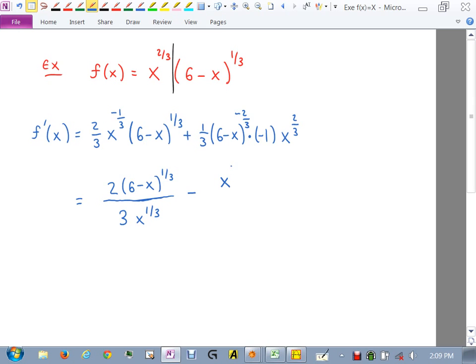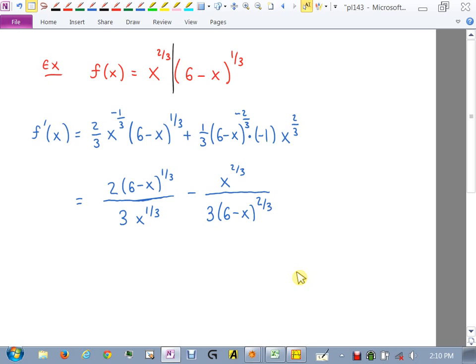X to the 2/3 over 3 times 6 minus x to the 2/3. So I drop this down with the 3 and then put this right here next to the 2. I use the fact that there was a minus here to change it to a negative. The 3 was on the bottom with this thing, and the x to 2/3 was up top.